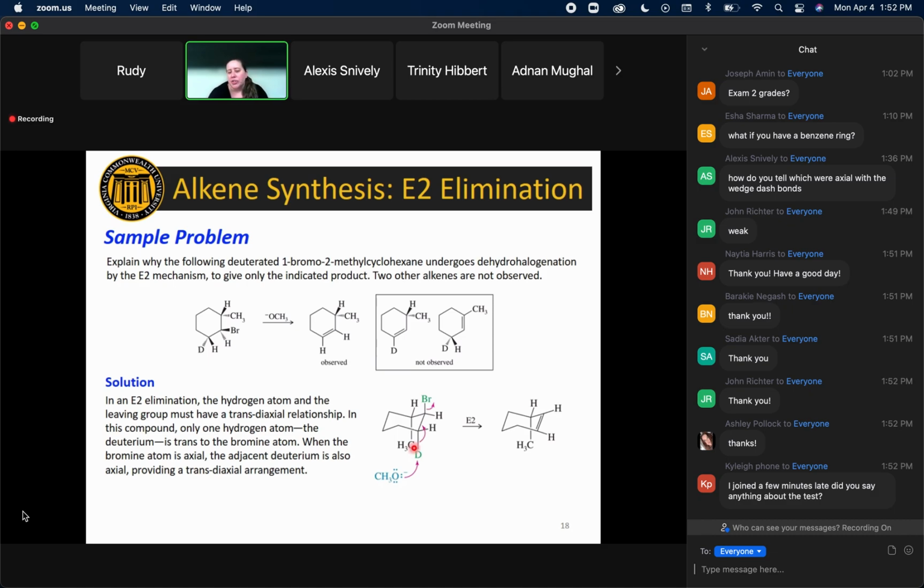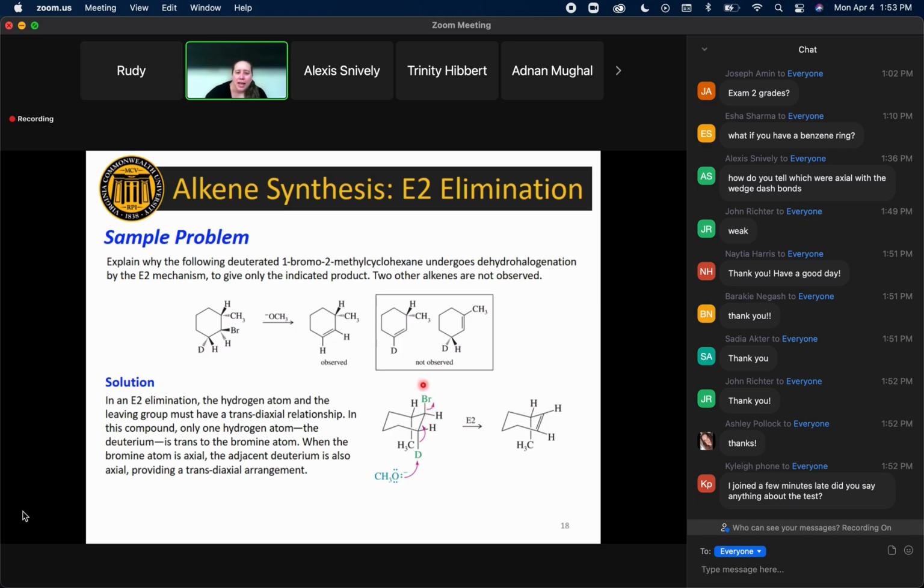But in that position, you cannot do an E2 elimination on the bromine. So all I've done here is to draw this flat representation of cyclohexane into a chair form representation of cyclohexane where I've been sure to make my bromine in an axial position.